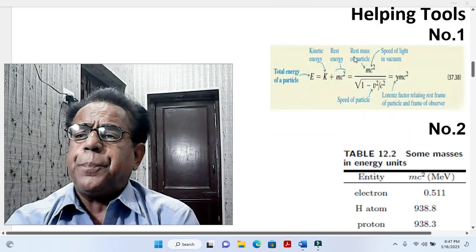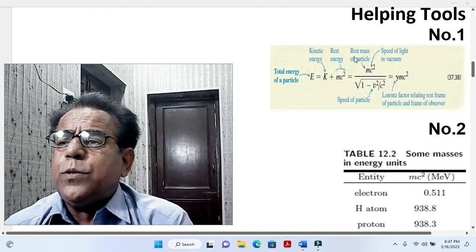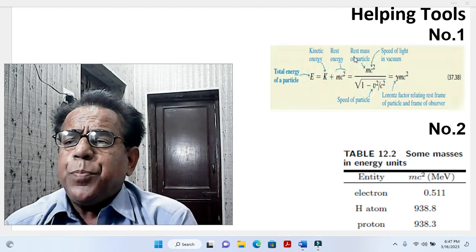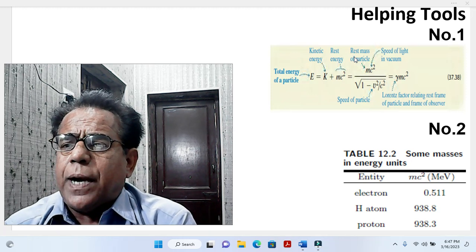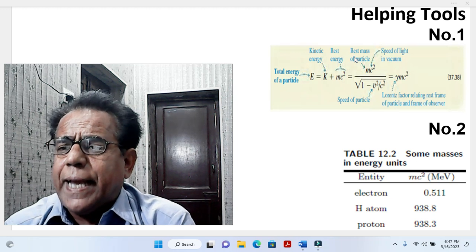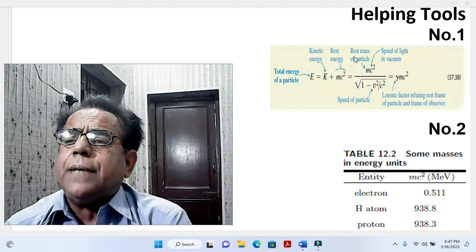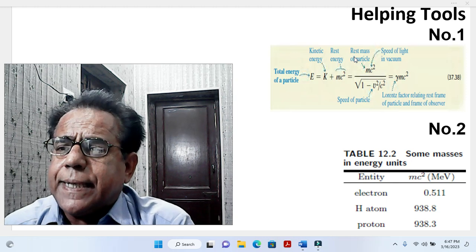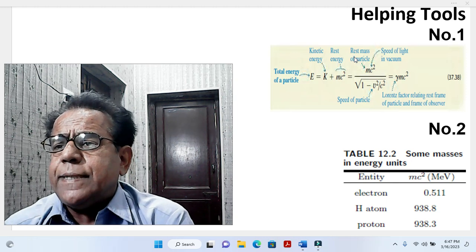Tool number 1. Dear students, in tool number 1, total energy of a particle E is given as being equal to K plus mc square, where K is kinetic energy and mc square is the rest energy.